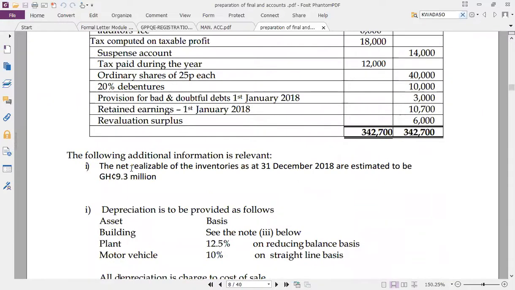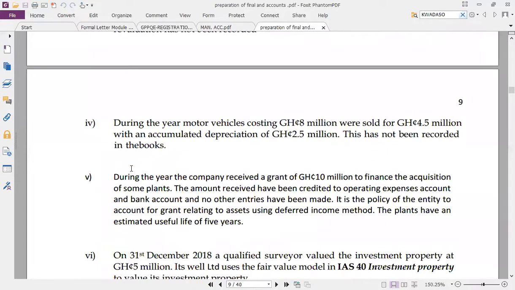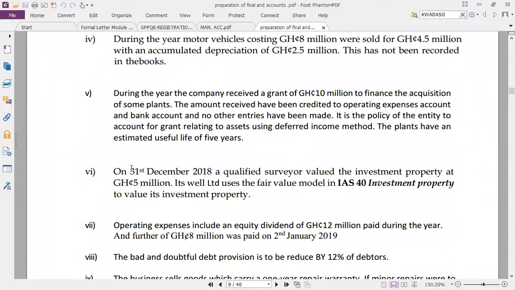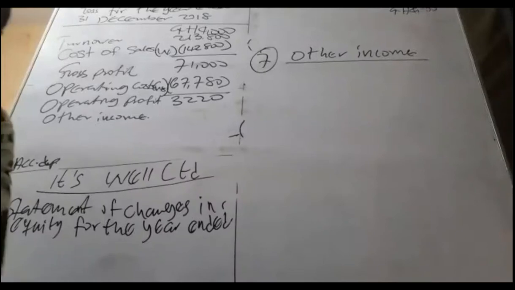Now there's grants. The portion that must be released to the income statement. That's note 5. The grant of 10 million, if you are going to amortize over 5 years. So every year a portion must be released. So 2 items.